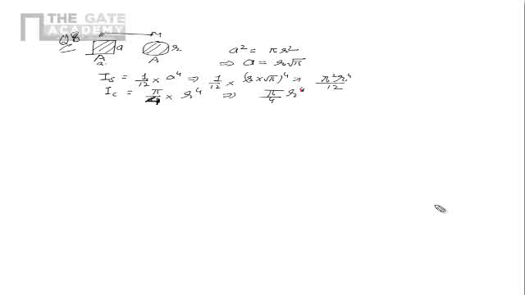Now see the bending stress. Sigma in square cross section is M upon Is into ys. So ys is a upon 2. So that will be M upon pi square by 12 r to power 4 into ys. Ys is a by 2. So I just simplify this equation.